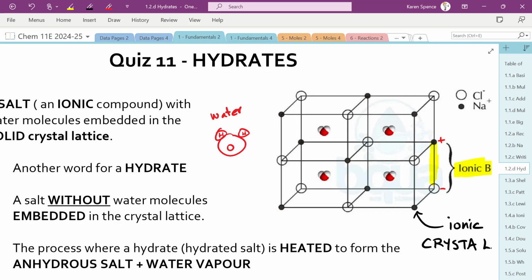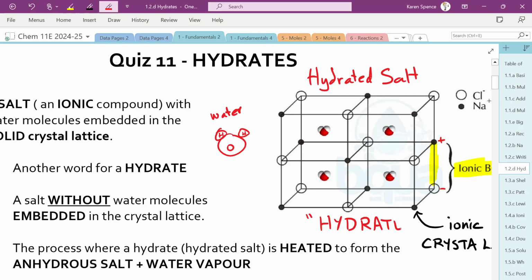So this is a hydrated salt, also known as a hydrate. Now, the ionic crystal lattice is held together by what kind of bonds?